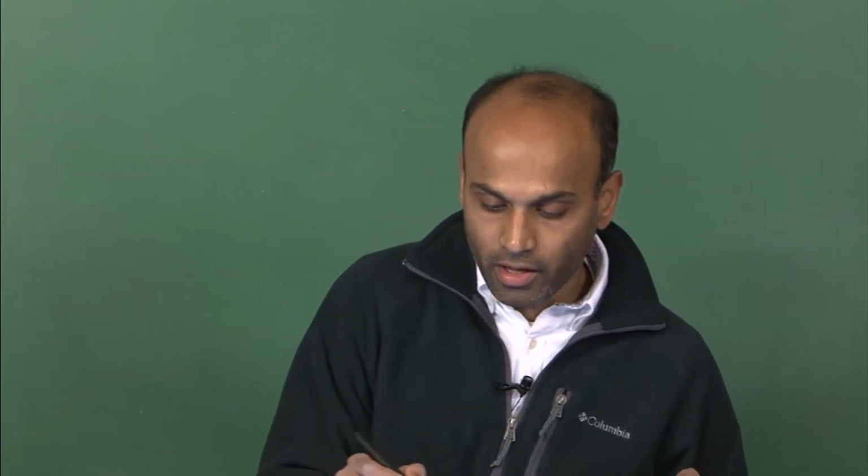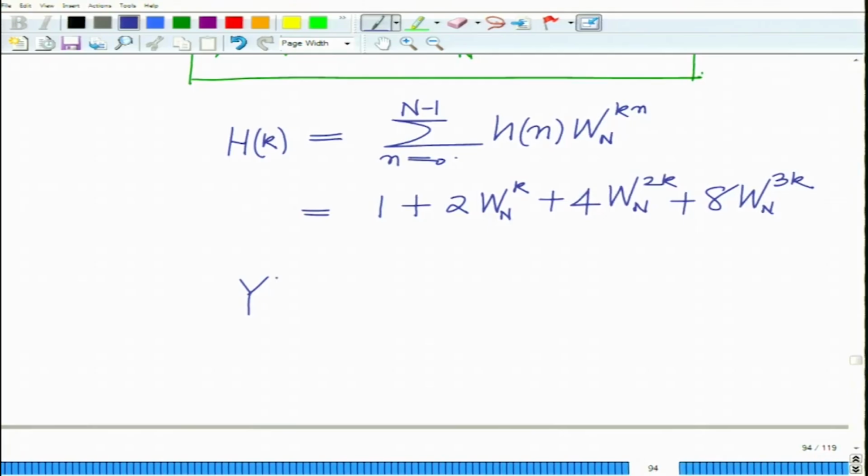So, you will have Y(k). Because you have a circular convolution, in the DFT domain it becomes multiplication.